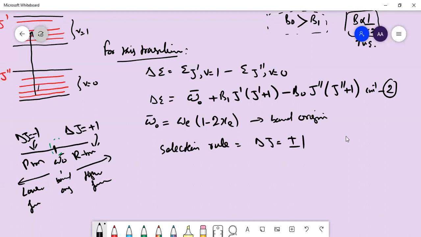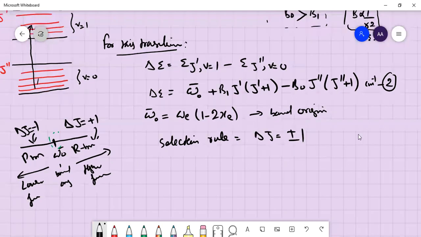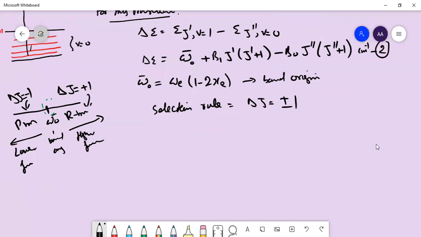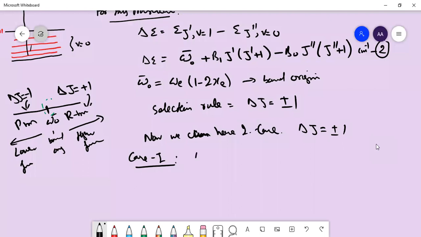So now here we can have two cases, and we can easily apply these two cases to this equation, which means we have delta J equal to plus or minus 1. Let's solve the first case, in which we will take delta J equal to +1.